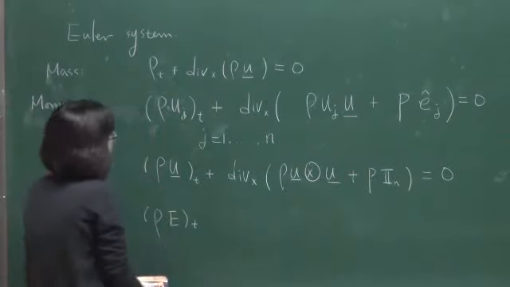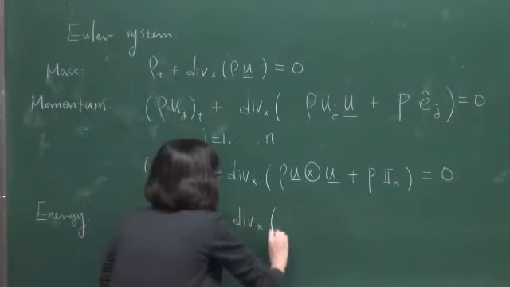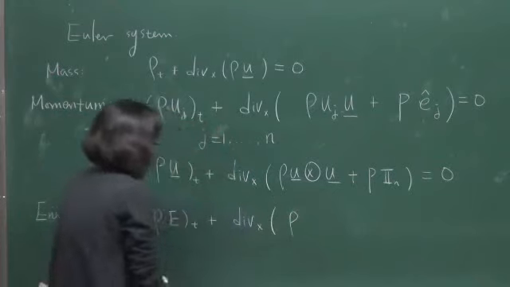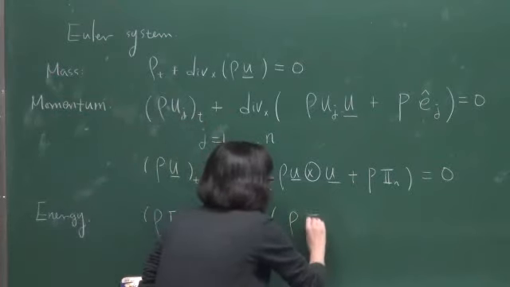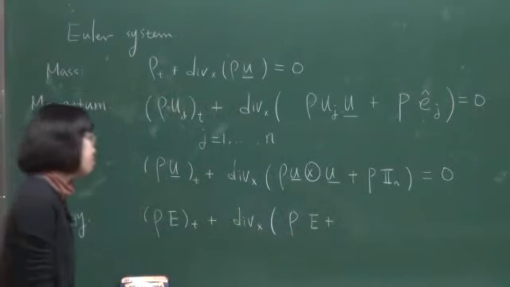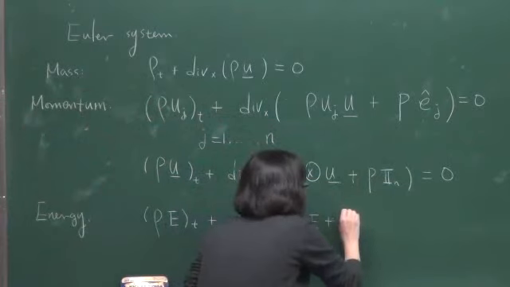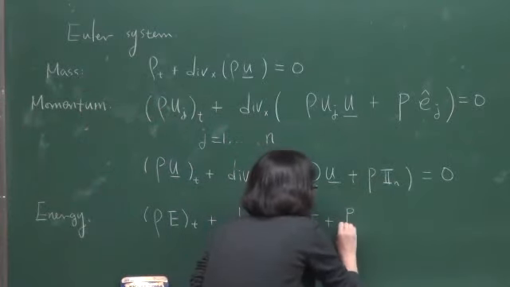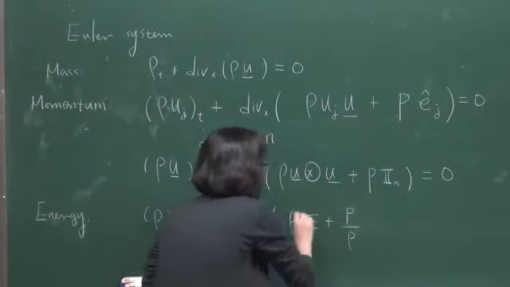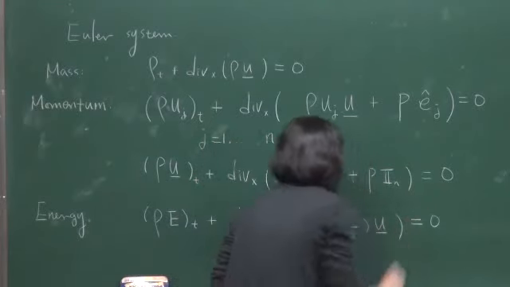This rho E is the energy density, of course, plus divergence in x. And then here, rho times E plus P. Now I'm talking about the flux here. Same thing, you need to consider this microscopic effect, times u equals 0.